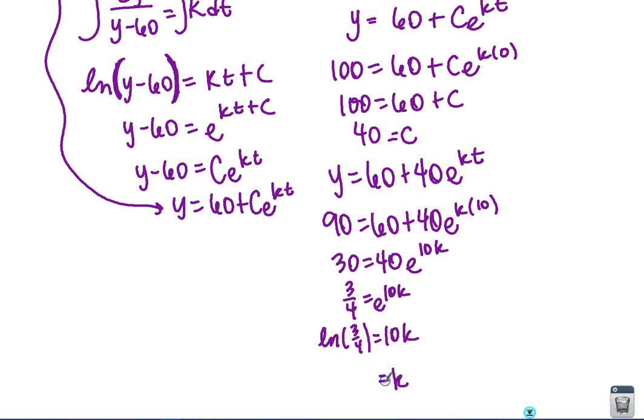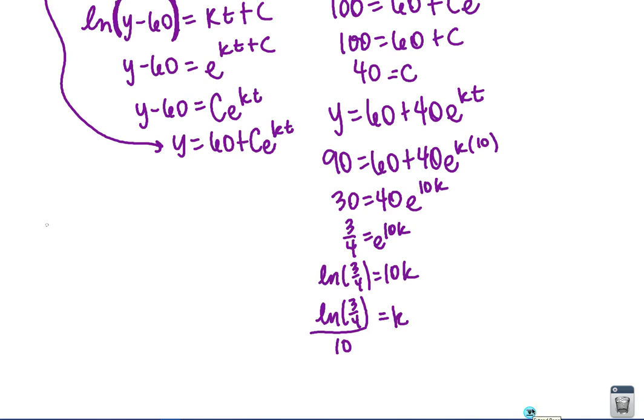So k is equal to the natural log of 3/4 over 10. All right, so now I'm going to go over here, since I've got a lot of space, y equals 60 plus 40 e to the natural log of 3/4 over 10 t.